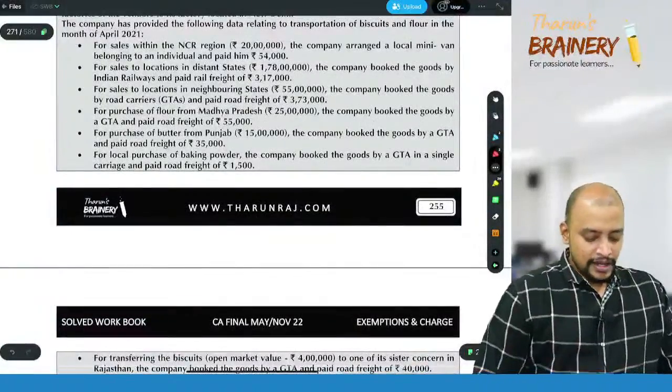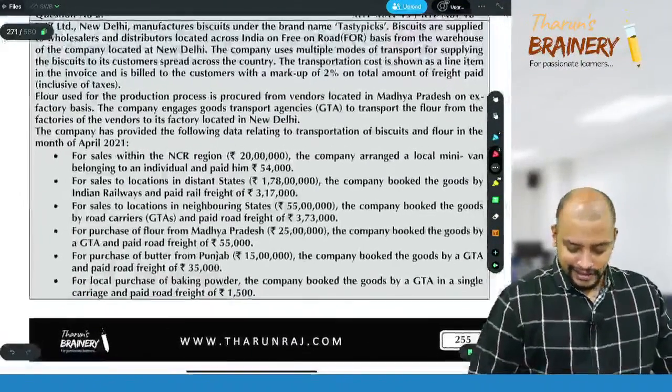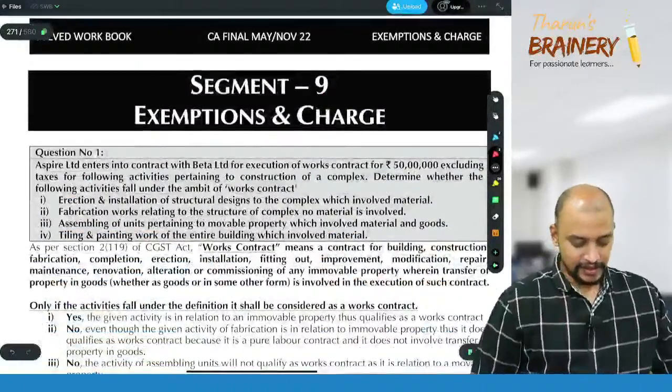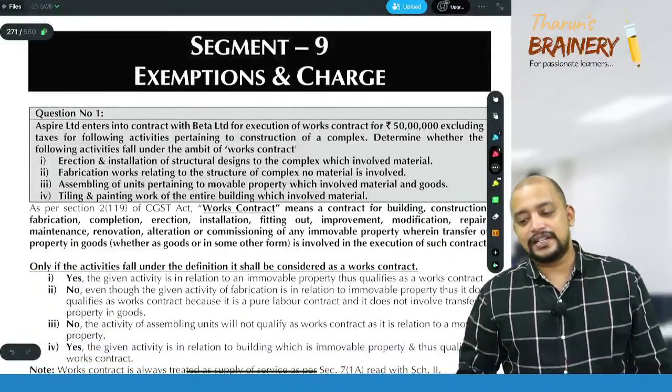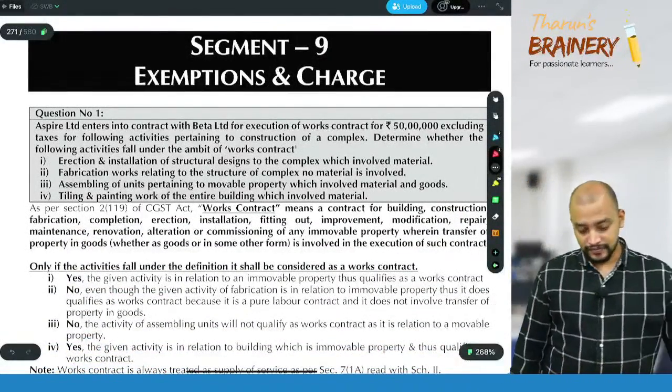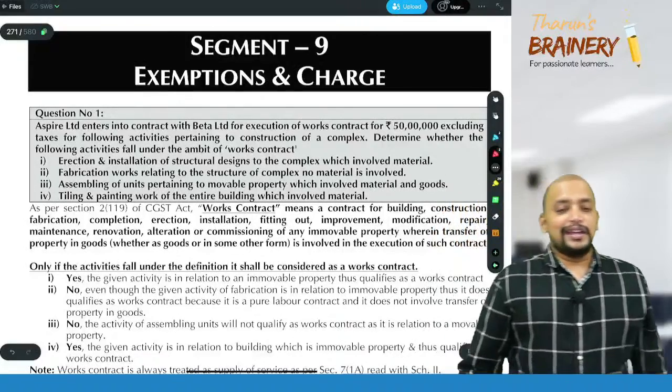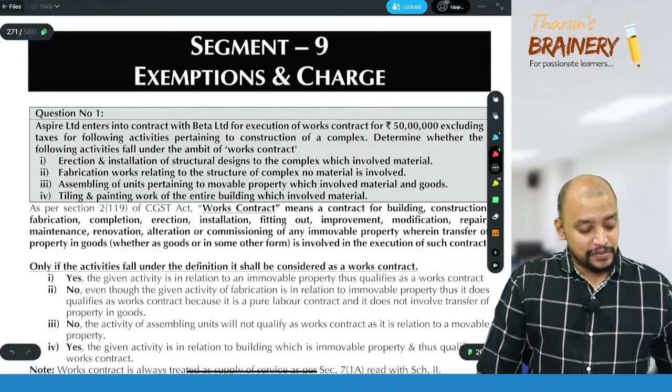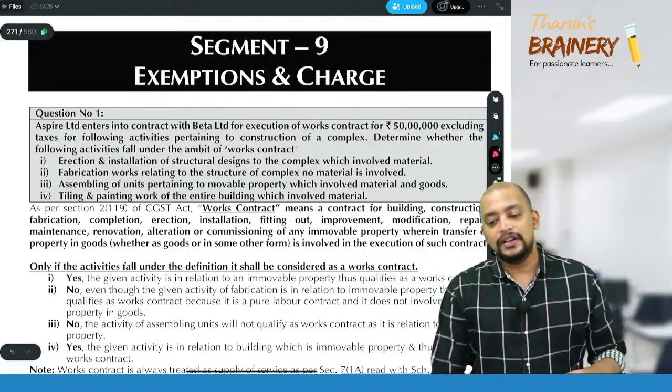Yes, and see this, exemptions and charge. Okay, this exemptions and charge again same.